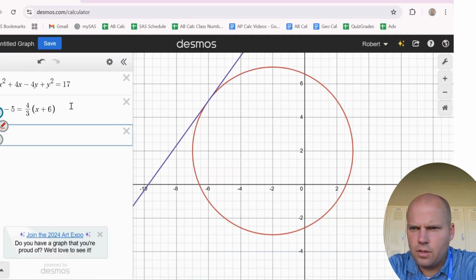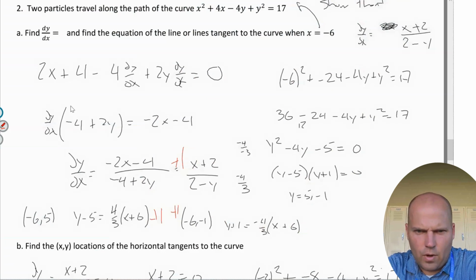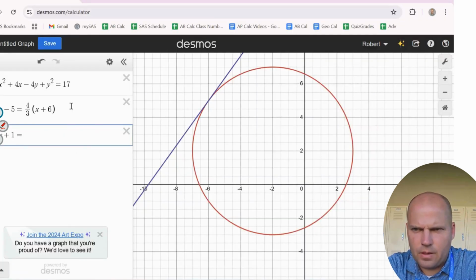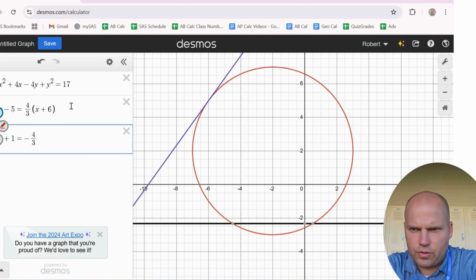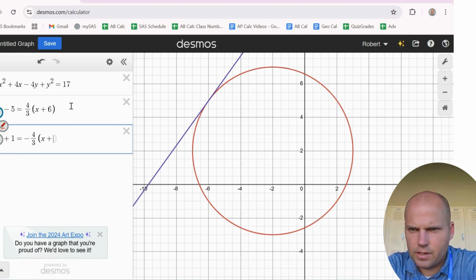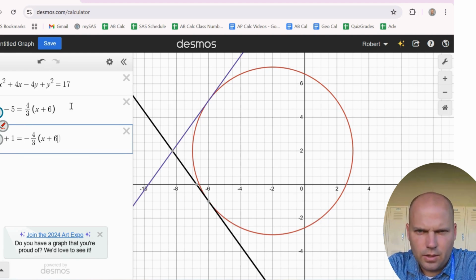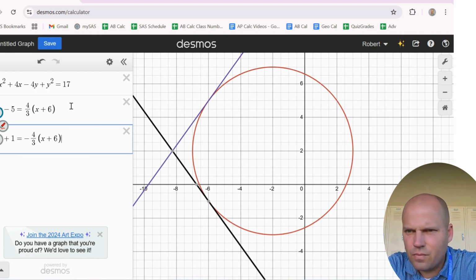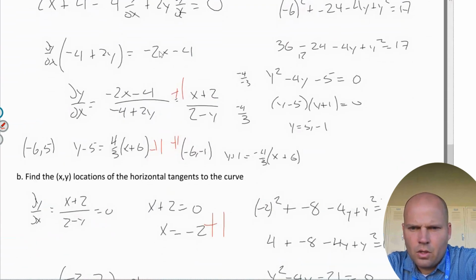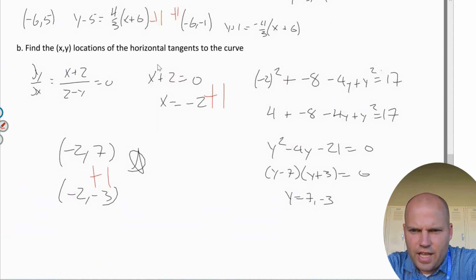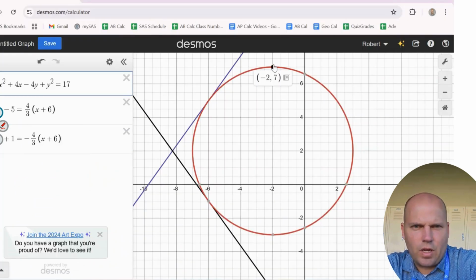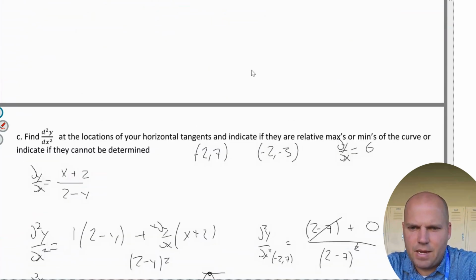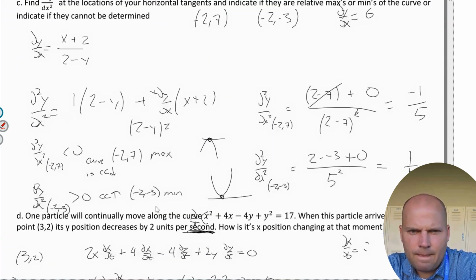That looks good. We got y plus 1 equals -4/3 times x plus 6. That looks good. We got horizontal tangents at -2, 7 and -2, -3. Yep. We got -2, 7 as a max. We got -2, -3 as a min. -2, 7 is max. -2, -3 is a min.